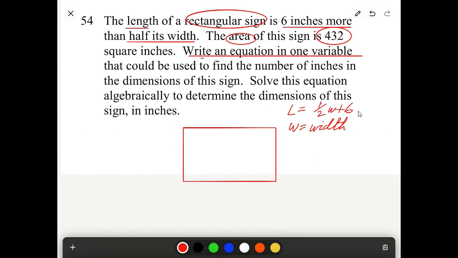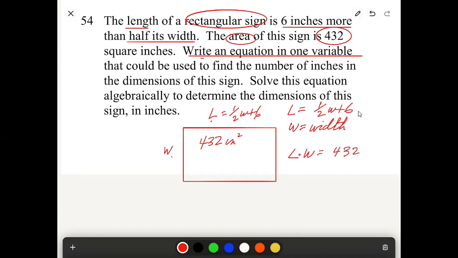So if this is the width and this is the length, we know that the area is 432 square inches. So that means this times this, L times W, is equal to 432.